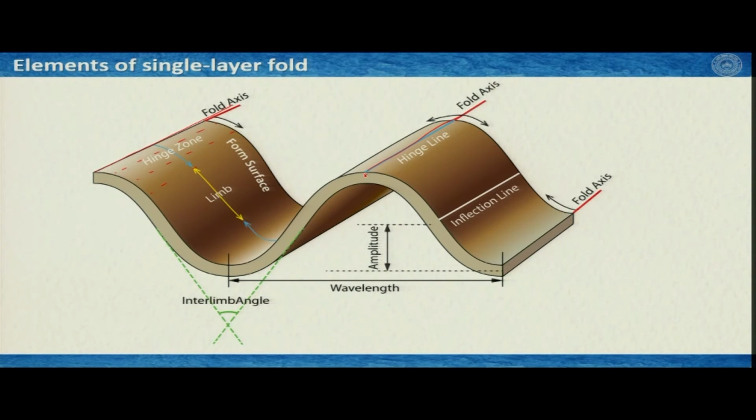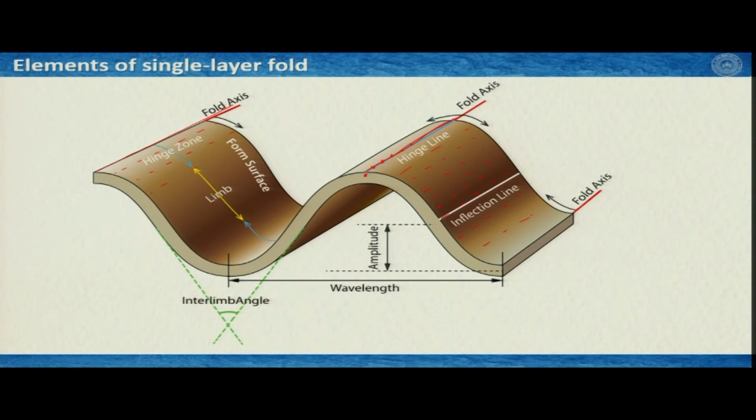If you have a hinge point and you connect the successive hinge points, then you generate a line, and this line is hinge line. Hinge line is in most cases parallel to the fold axis, but not necessarily is the fold axis the hinge line. Any line that runs parallel to this folded surface can give you the fold axis.